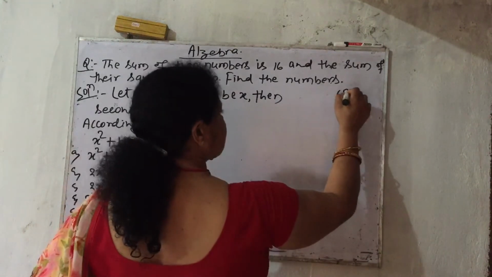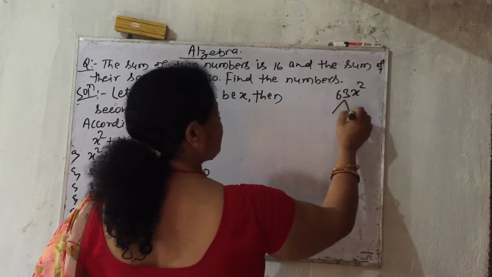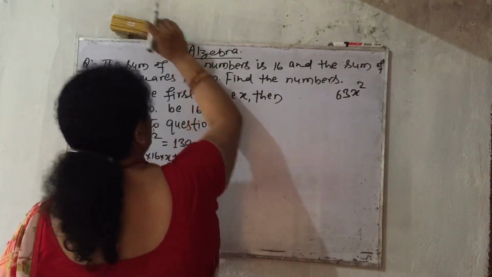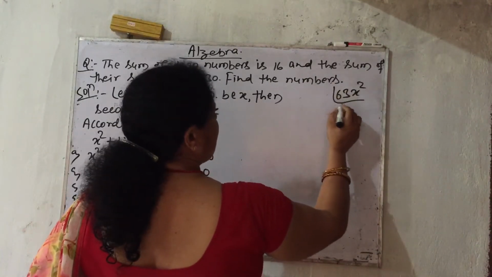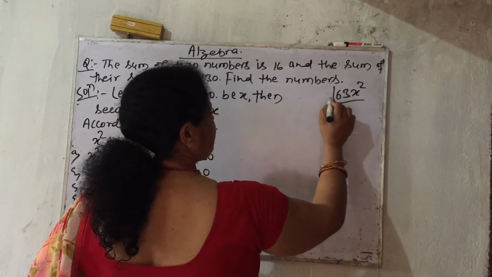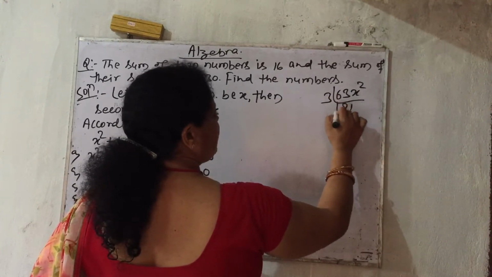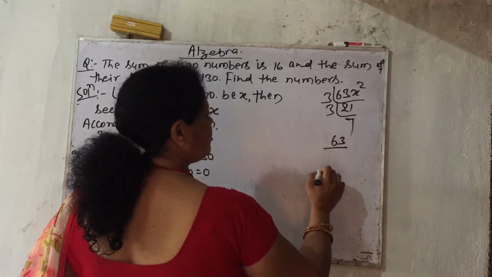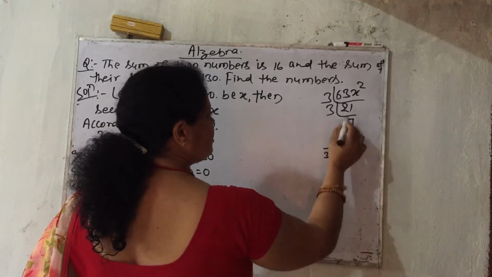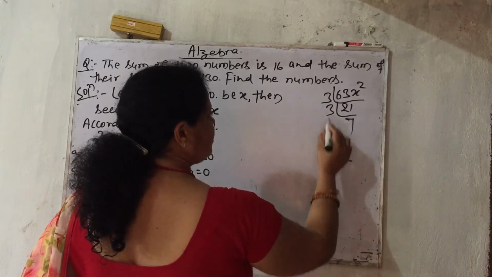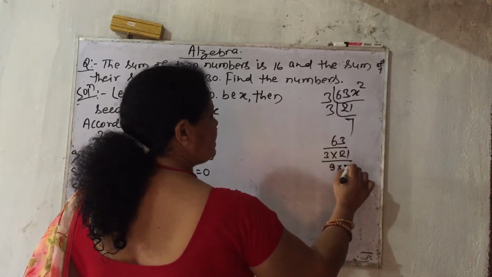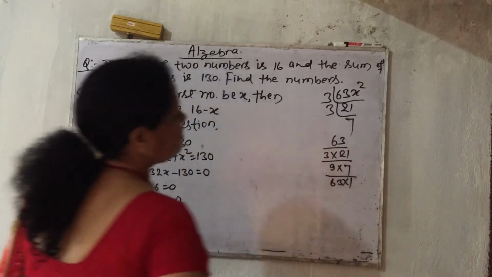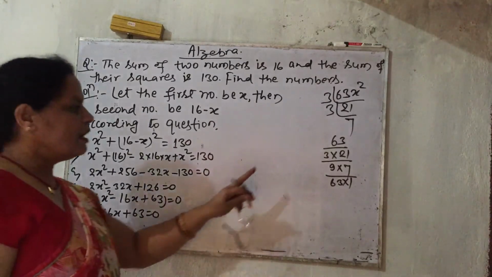What will its factors be? 63 is 3 times 21, and 21 is 3 times 7. So the factors of 63 are: one is 3 into 21, another is 9 and 7, and the third is 63 into 1. We have three factor pairs of 63.